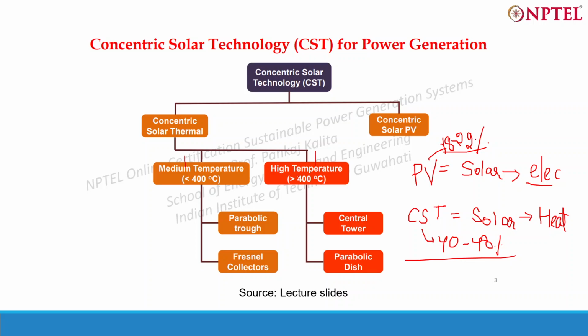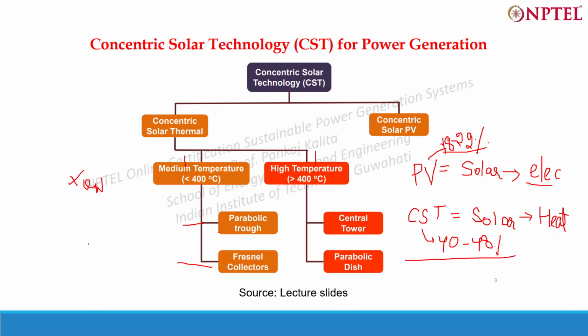Medium temperature is parabolic trough and then Fresnel reflector. There are also low temperature applications, but those are not concentrated. Those are flat plate collectors, and the solar chimney is one of the low temperature ones. Solar pond is also a kind of low temperature.